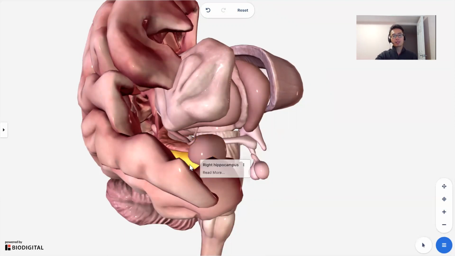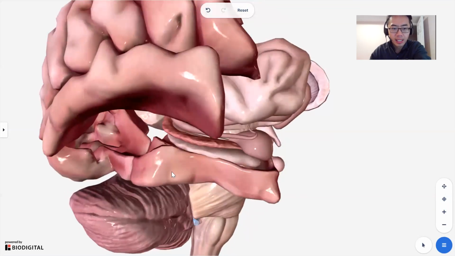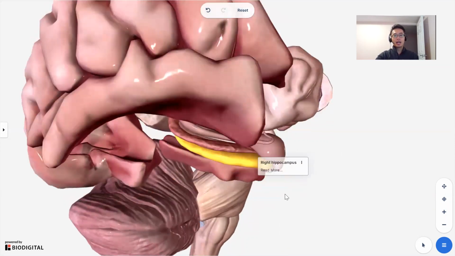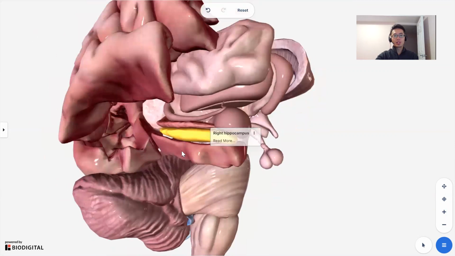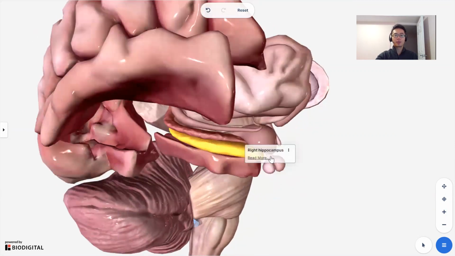Part of the limbic system is this structure right here. Let me delete some more. You'll be able to see it right here. That is the hippocampus, which actually means seahorse. I don't care what they say, this looks nothing like a seahorse, but the person who discovered it said, oh, seahorse, let's call it hippocampus. The hippocampus is for long-term memory, things that you're going to remember pretty much for the rest of your life.